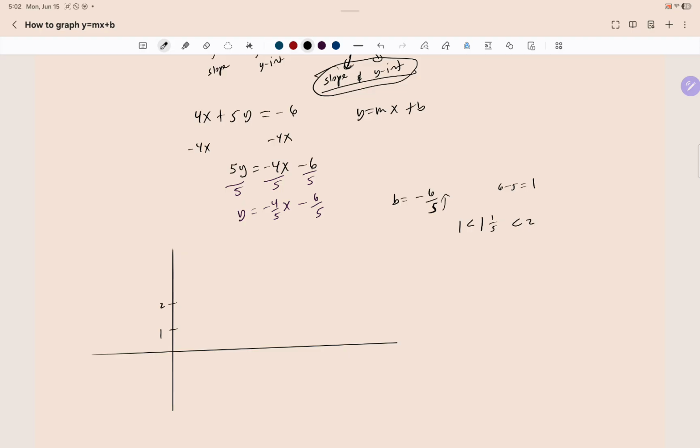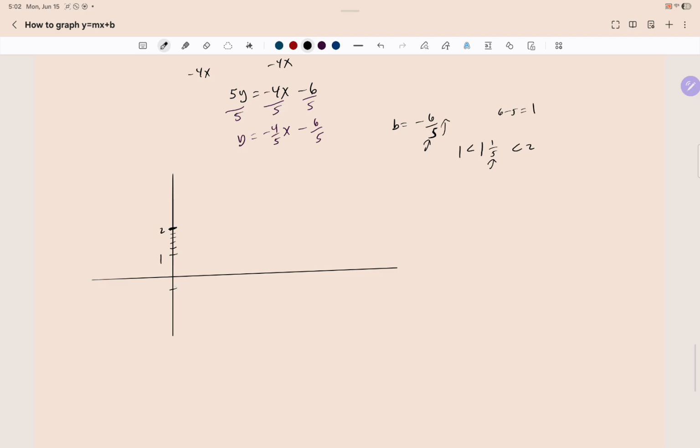So the way to make a more accurate graph is to cut the space between 1 and 2 into 5 pieces, 5 because that's the denominator. So I'm going to go 1, 2, 3, 4, and 5, including that one. Oh, but sorry, the b is negative, so I have to do it in the other direction.